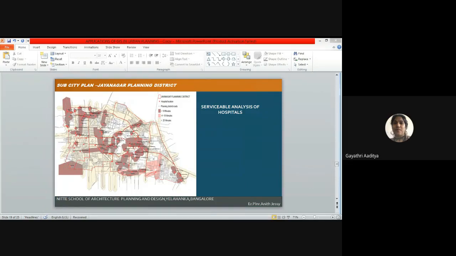If I'm talking of hospitals, is it only the pakka road on which the ambulance can go? Can you give such a setting, where the road width has to be so much, and then you tell us which is the nearest hospital and things like that? Does your analysis take to that level of detail?